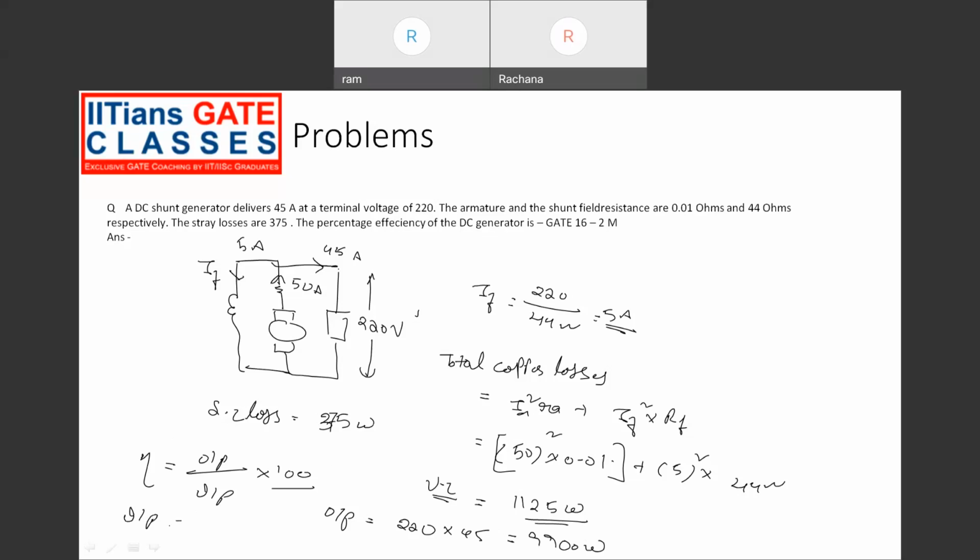Input equals output plus losses, that is 9900 plus 1125 plus 375. 9900 plus 1500 gives you 86%.